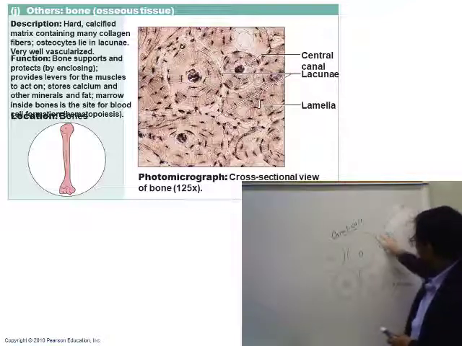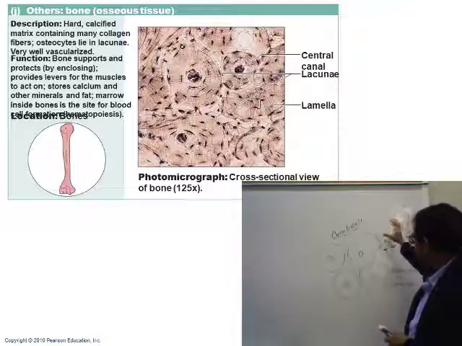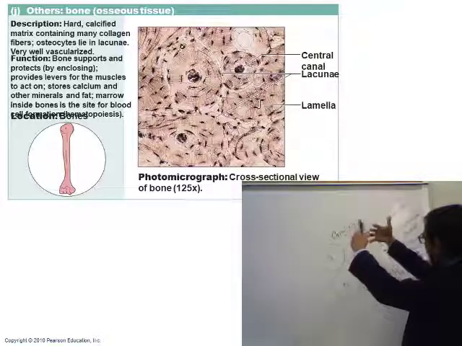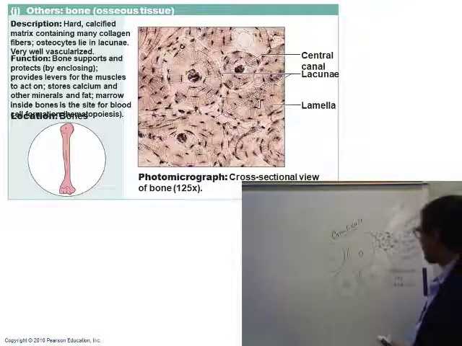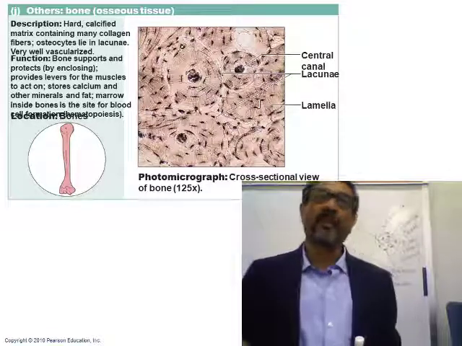You know, inside the lacunae you have the bone cells, and those cells are alive. They need nutrition and oxygen. So from the blood, fluid carries nutrition and oxygen to those lacunae, and lacunae are also connected to each other, so the fluid can move from one lacunae to another. Okay, so that is the structure of the compact bone.